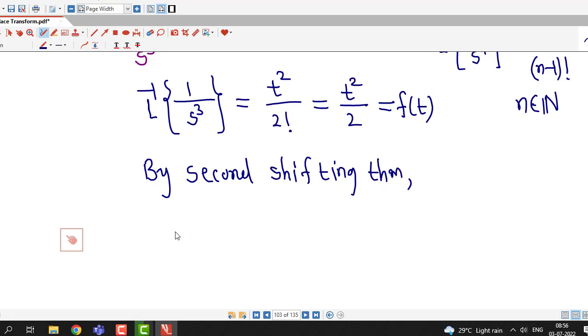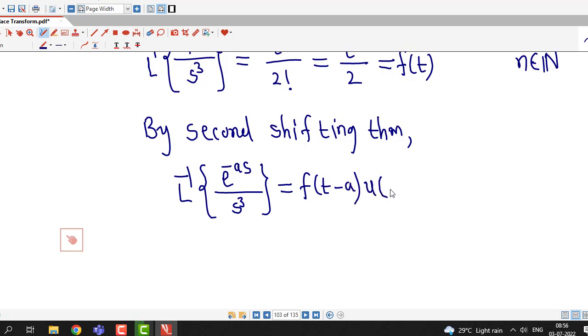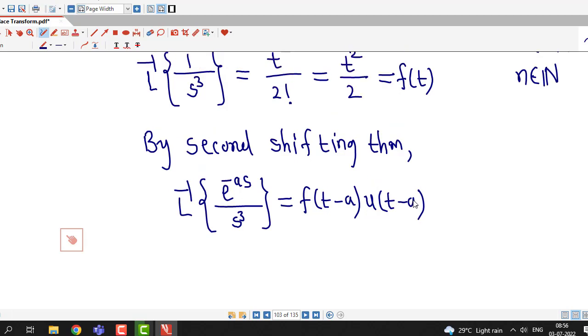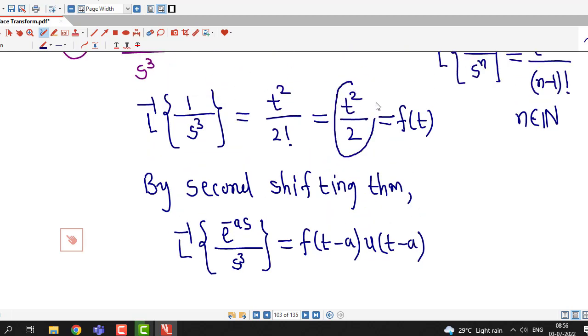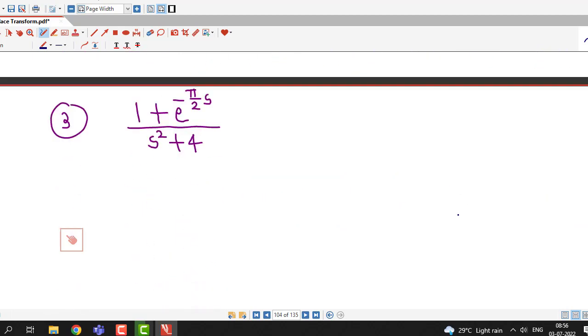By second shifting theorem, L inverse of e raised to minus as divided by s cube equal to value of function f at point t minus a multiplied with unit step function at point a. f of t is t square by 2, and here we have to replace t by t minus a, so this is square of t minus a divided by 2 times unit step function at point a.